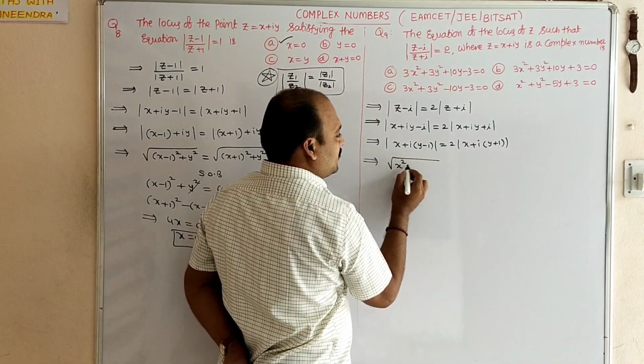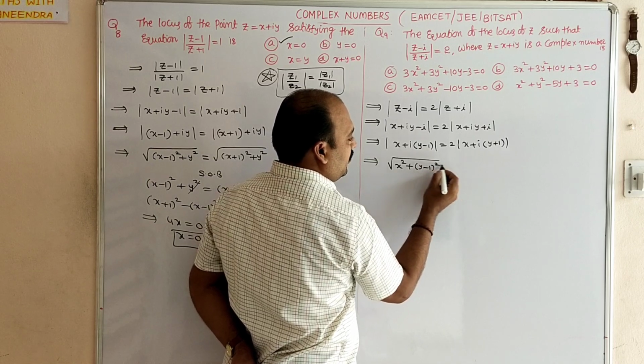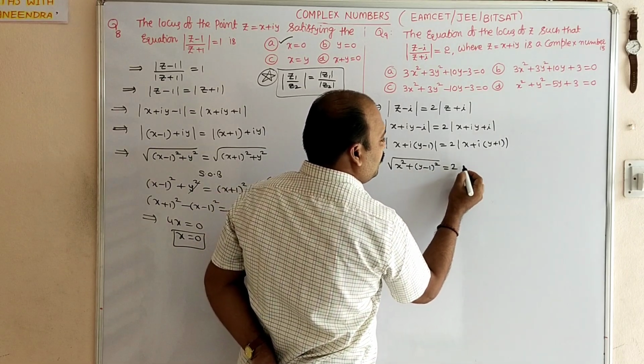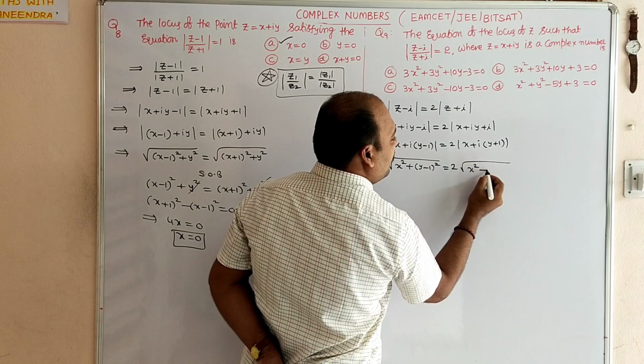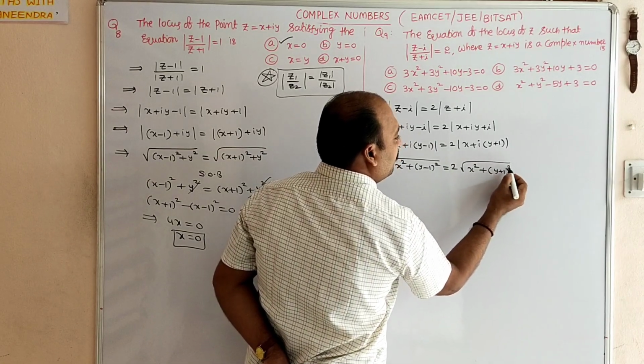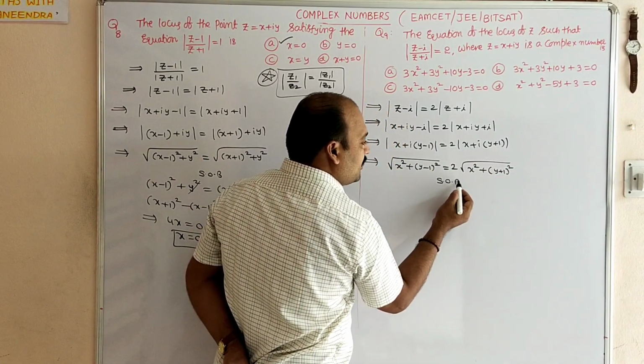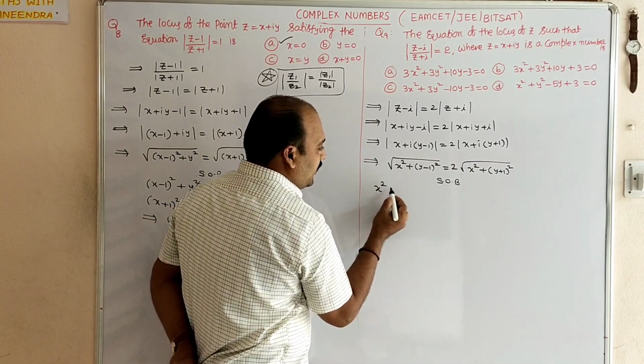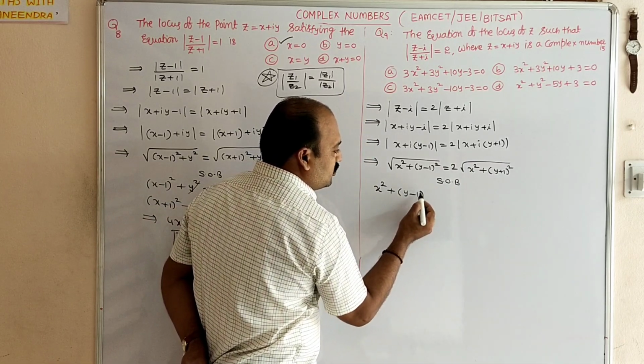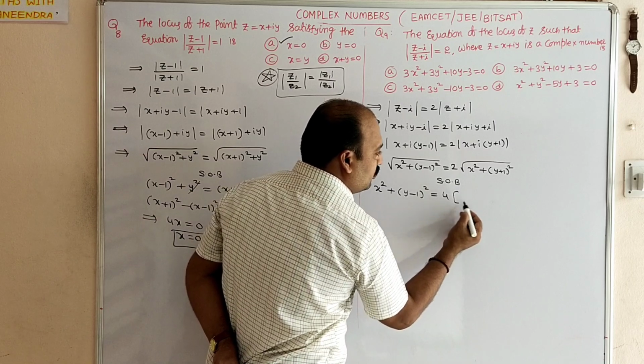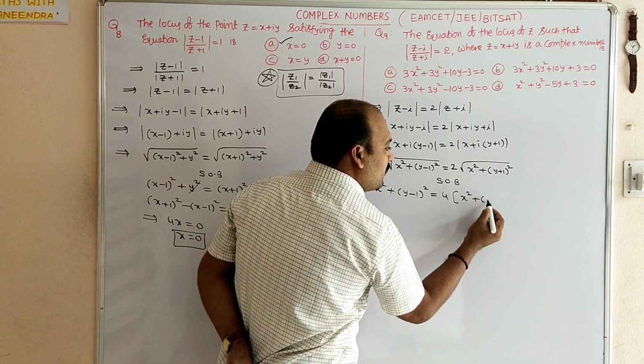Square root of x² + (y - 1)² equals 2 into square root of x² + (y + 1)². Squaring on both sides, x² + (y - 1)² = 4[x² + (y + 1)²].